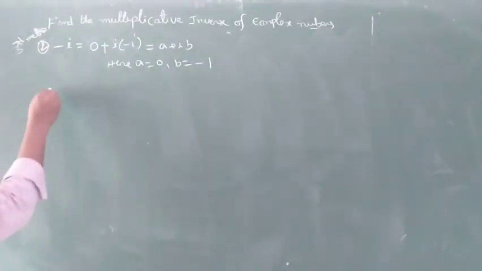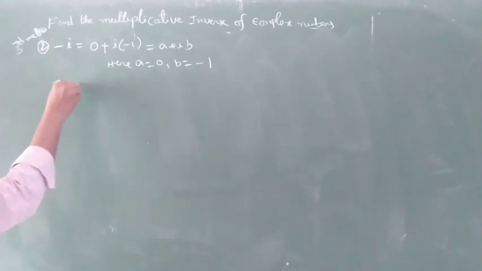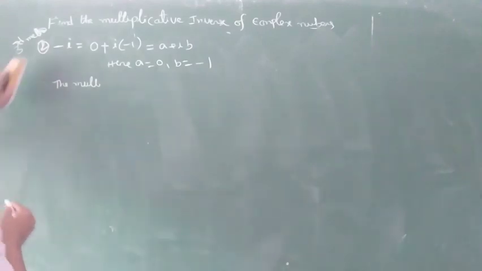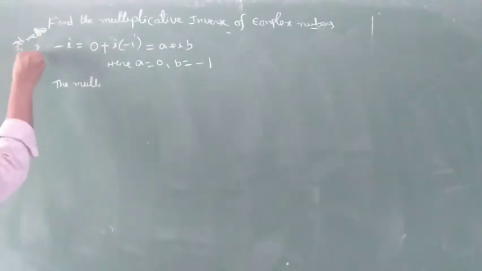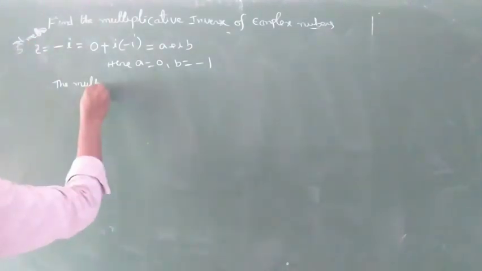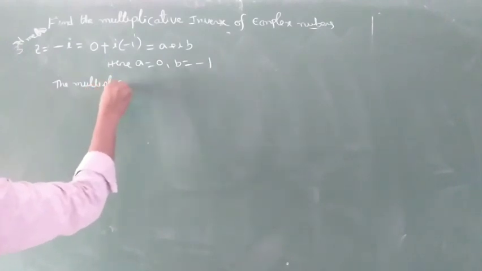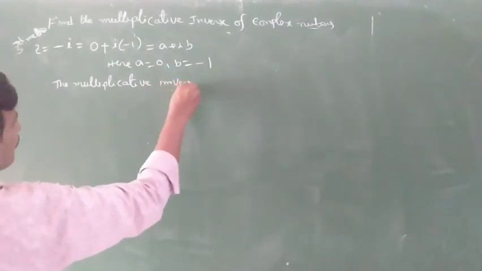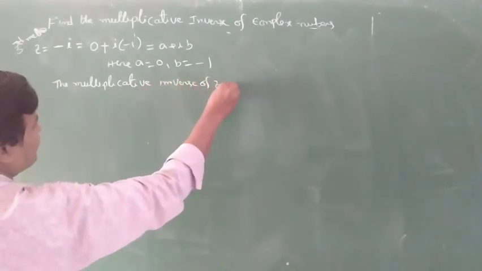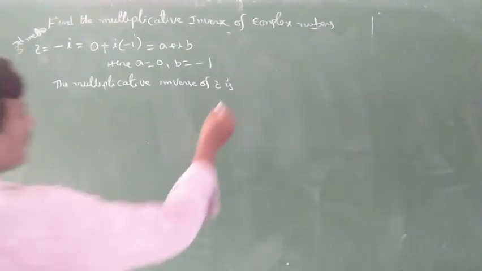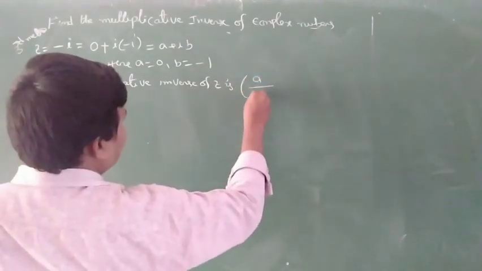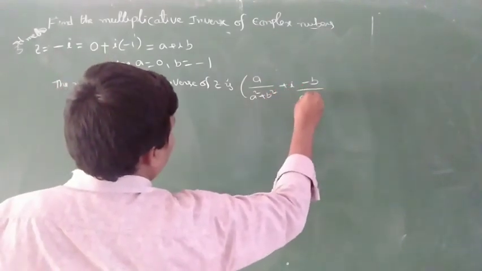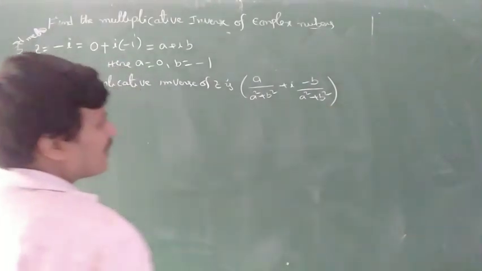What is the formula? The multiplicative inverse of Z, for example, is a by a square plus b square plus i into minus b by a square plus b square.